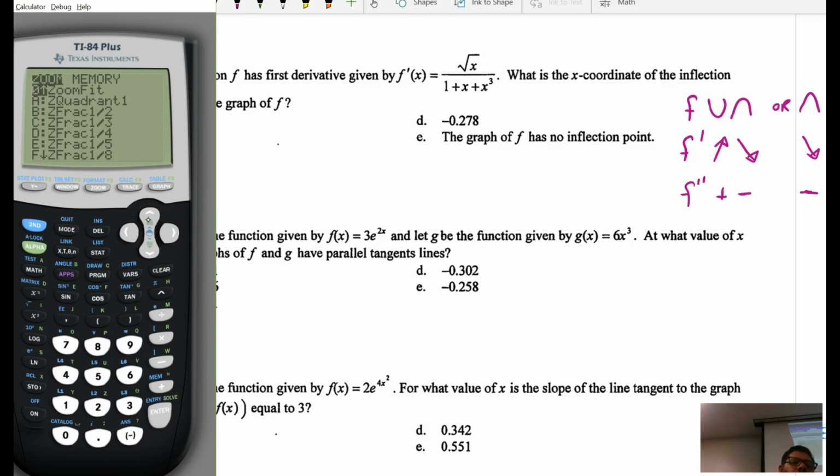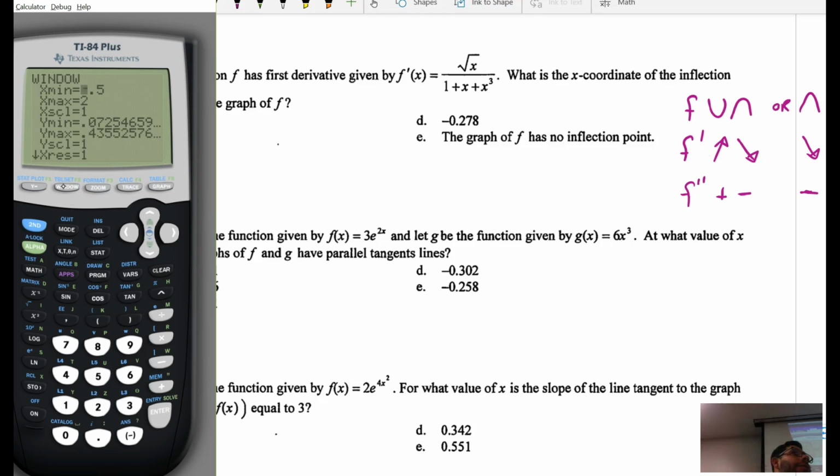Is that zoom? Yeah. Zoom fit, zoom 0. That adjusts the range to the domain that you input. So we input that domain that was from negative 1 to 2, and the calculator said these are the y values that you should look at between negative 1 and 2. And if we don't agree with their range, then at least it gives us a starting point to adjust from.